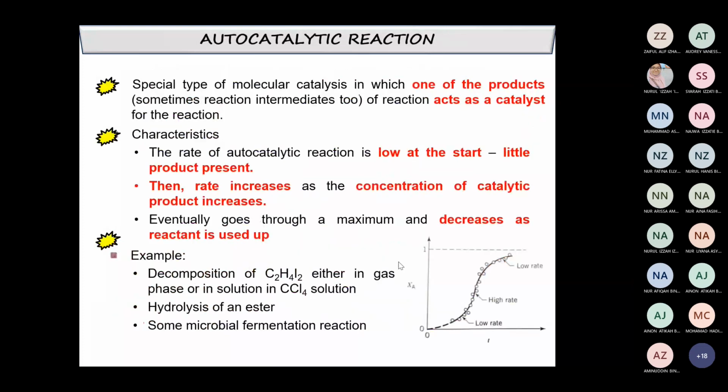Okay, then we have an autocatalytic reaction. Special type of molecular catalyst in which one of the products, sometimes reaction intermediates, act as the catalyst for the reaction. Okay, so this is autocatalytic reaction. Selalunya kalau kita guna reactor, dia jenis fixed bed reactor lah.